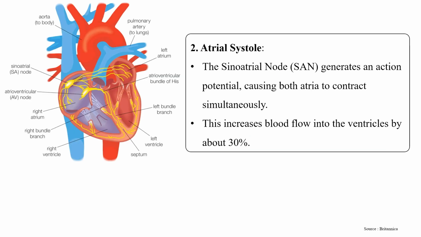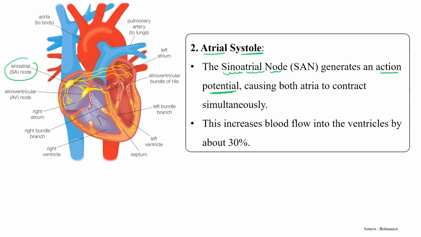Second step, atrial systole. Systole means contraction. In this phase, the SA node, or sinoatrial node, generates an action potential. What will it cause?